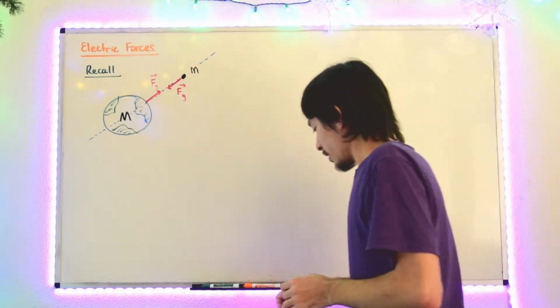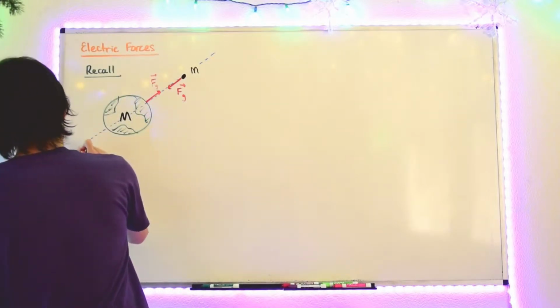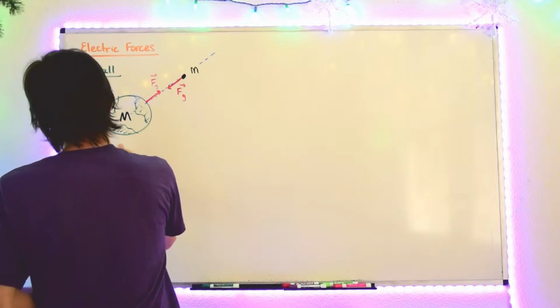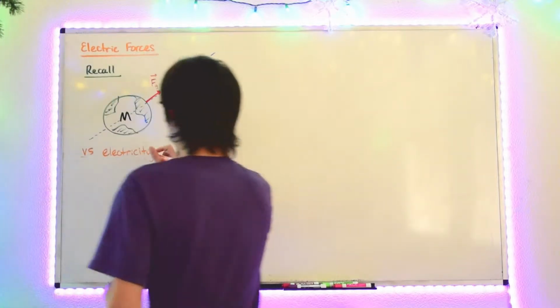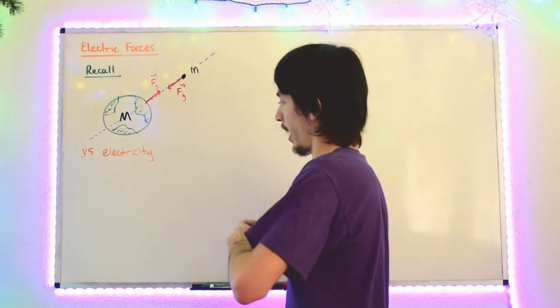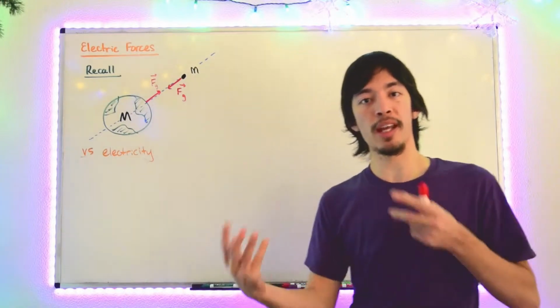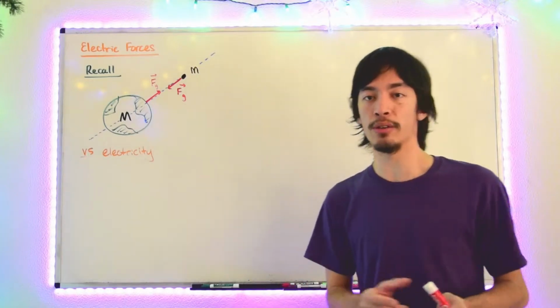Now, versus electricity. In electricity, we have two kinds of charges, positive and negative, associated with their positive and negative charge values.